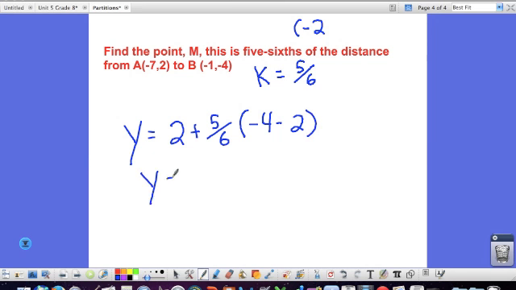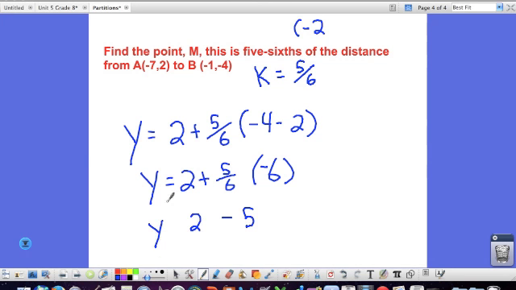So y equals 2 plus 5/6 times (-4 minus 2, which is -6). And 5 times -6 is -30. -30 divided by 6 is -5. So y is going to equal 2 minus 5. So y is -3. So the answer is (-2, -3).